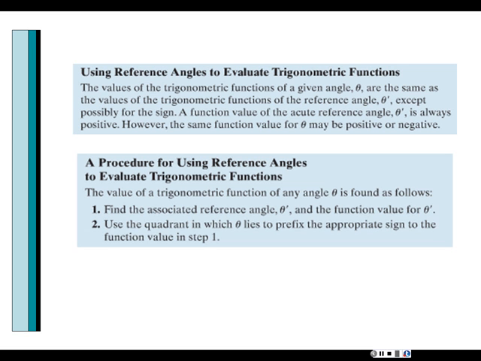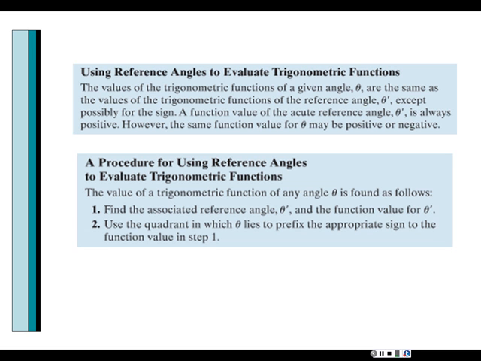Now, a function value of an acute reference angle is always positive in general, because that's all falling in the first quadrant, because you're taking the acute angle. However, the same function value for theta may be positive or negative based on the original quadrant where it was falling. Now, what is the formal procedure?